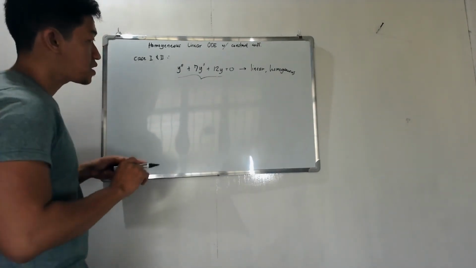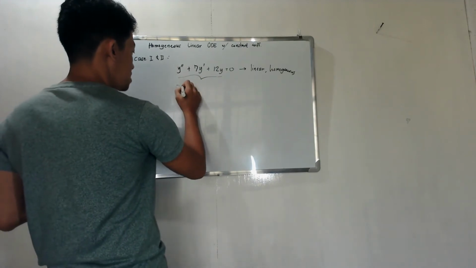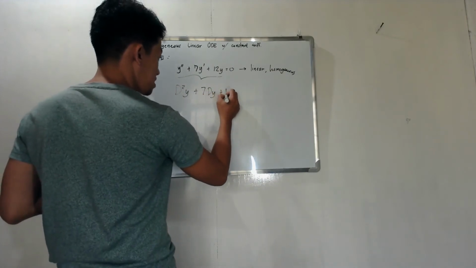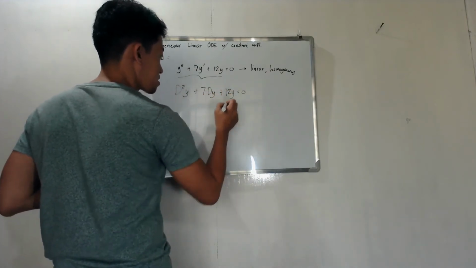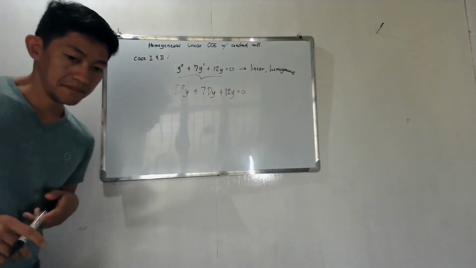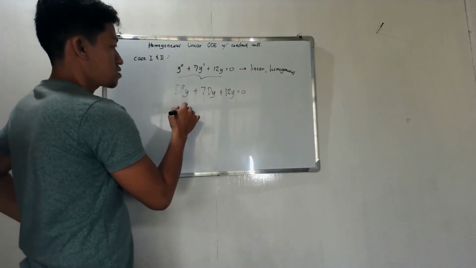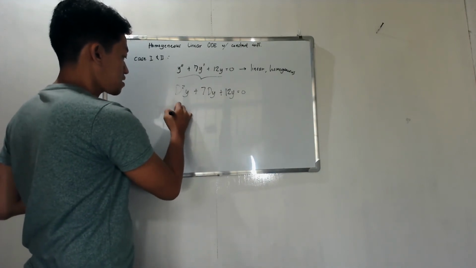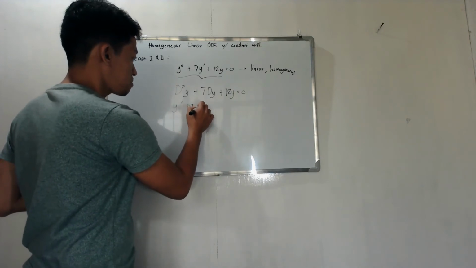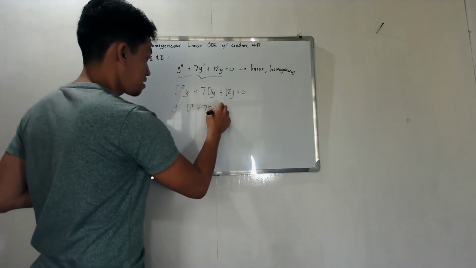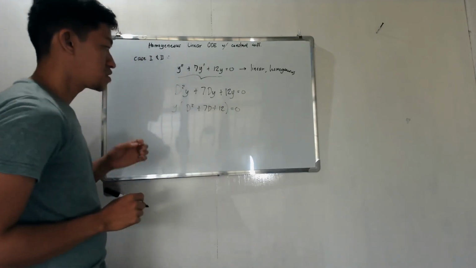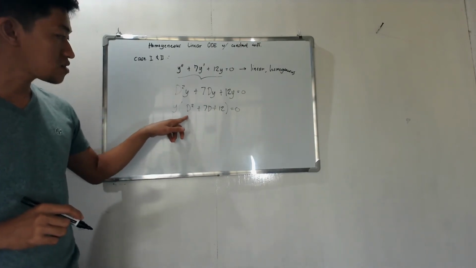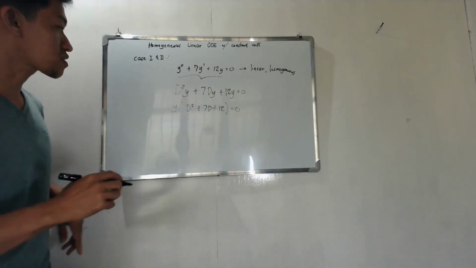So, based on that one, this becomes D squared y plus 7 Dy plus 12y is equal to 0. Okay? So, ano ang gagawin natin dito? Select the y. Okay, D squared plus 7D plus 12 is equal to 0. And then this is now will be your characteristic equation. So this term must be equal to 0.